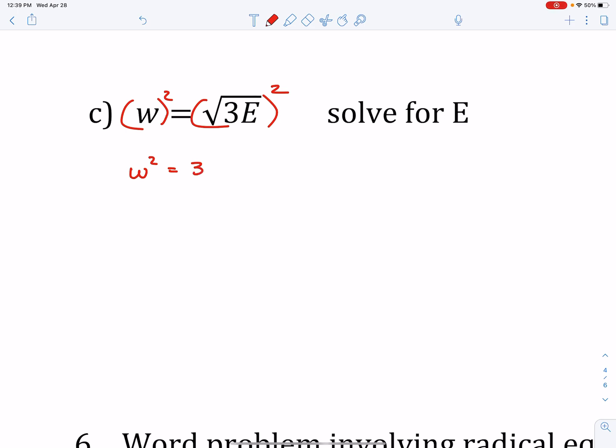And this is going to get rid of the square root sign. If I have 3 times e here, okay, we're solving for e. What's the opposite of multiplication? In your head, you should have said division. So my answer is e equals w to the power of 2 over 3.